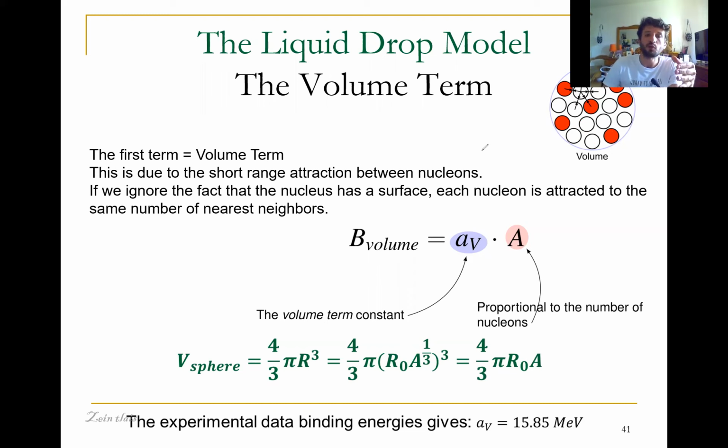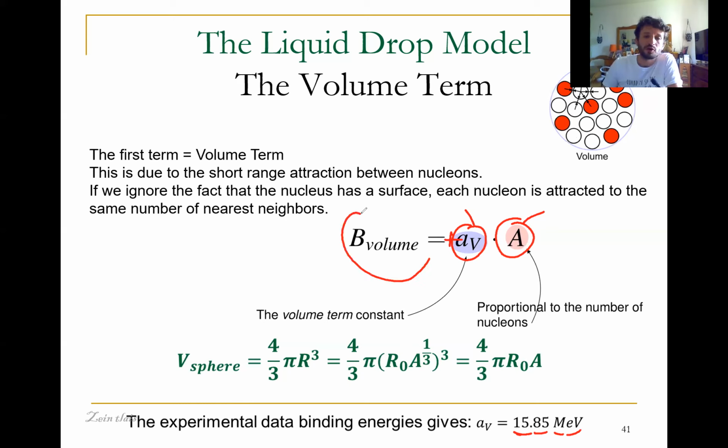So here we have a positive value of B volume equals AV times A. Here I don't need to demonstrate this expression. AV is a constant term. Experimentally, its value equals 15.85 MeV. A is the mass number.